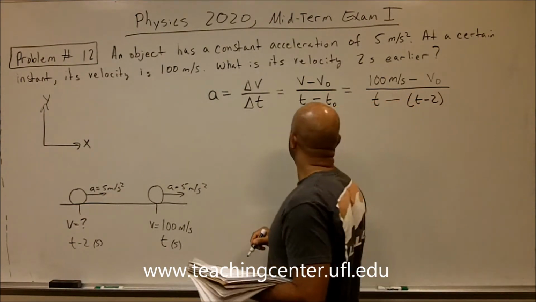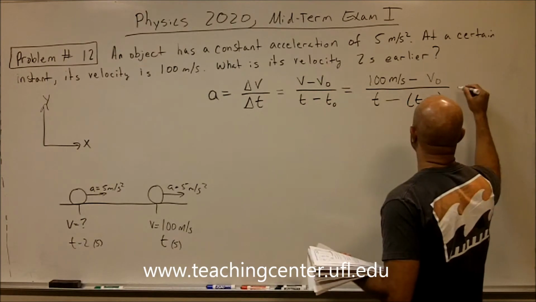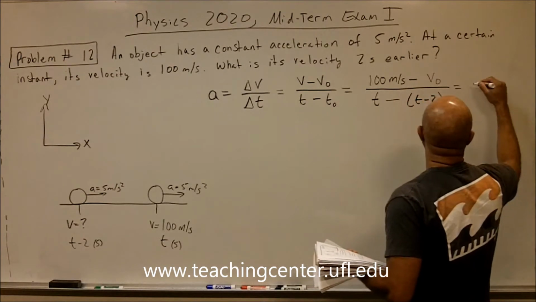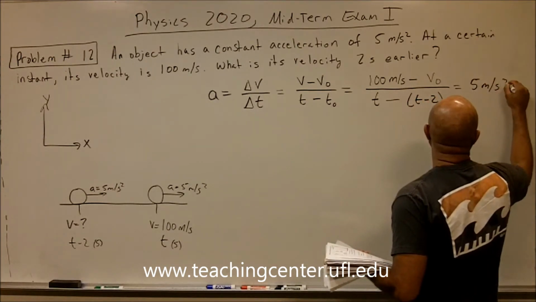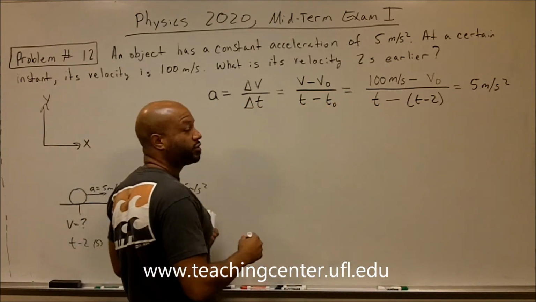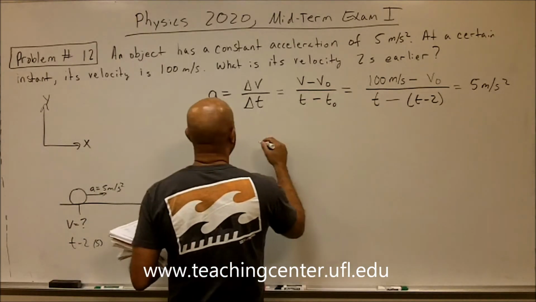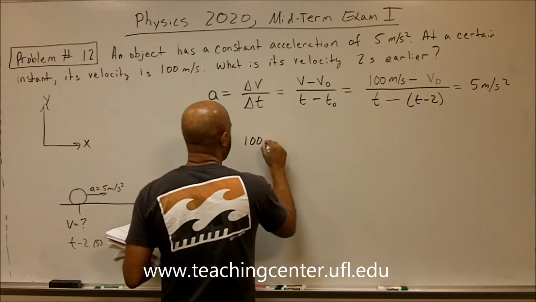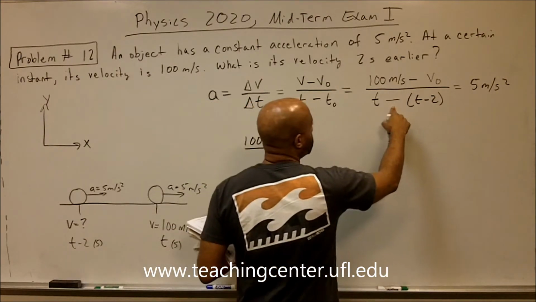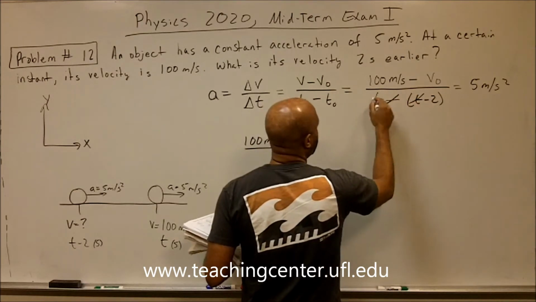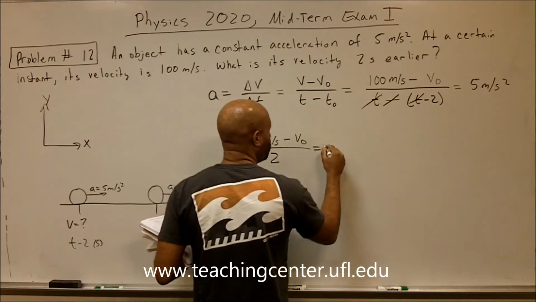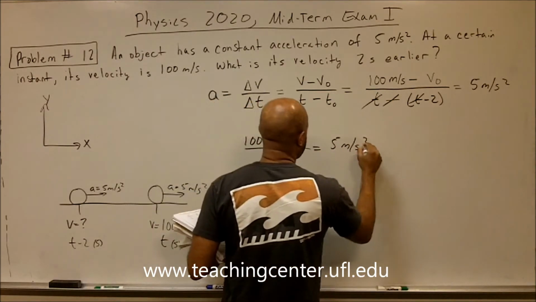And that's going to equal our acceleration, 5 meters per second squared. Now we can simplify: 100 meters per second minus the initial velocity, over t minus (t minus 2). The t's cancel out, and you're left with a minus minus, so that's just 2. And that's equal to 5 meters per second squared.